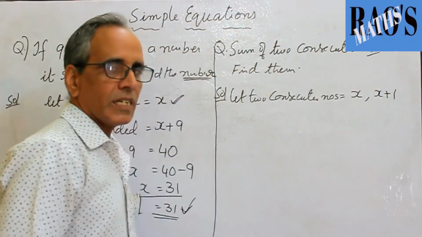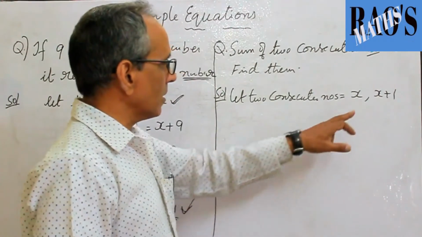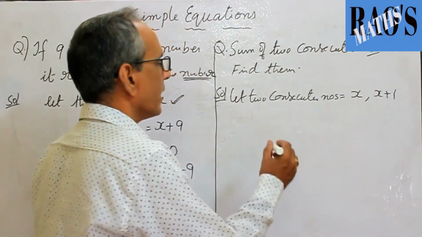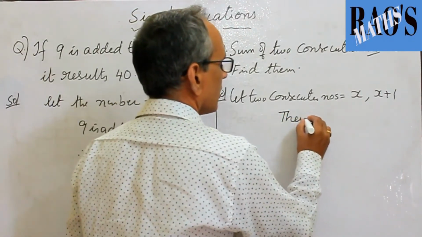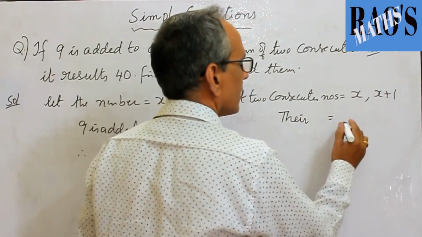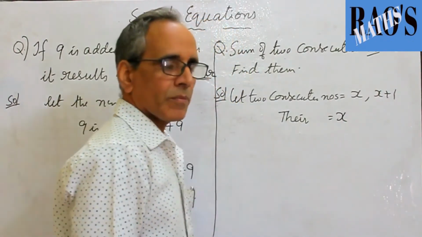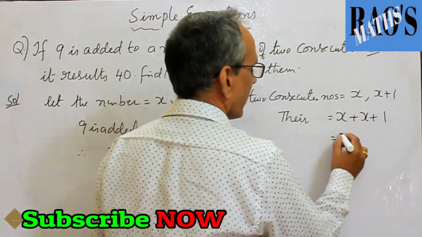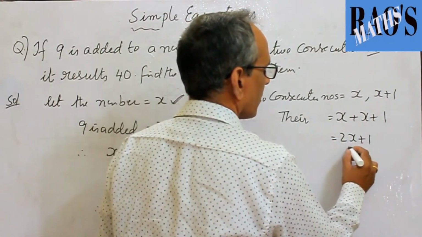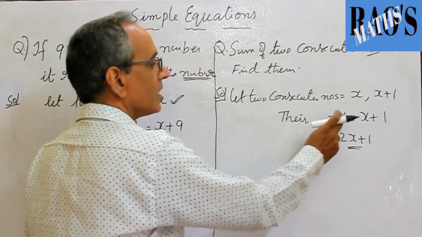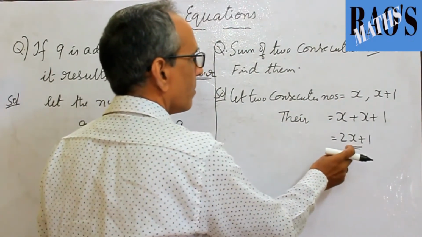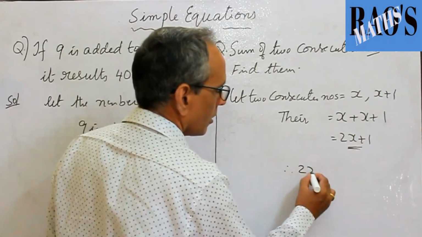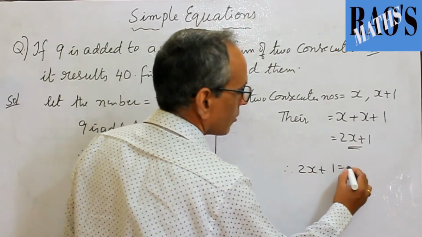But the question is about the sum, so I have to add up these two numbers. x is the first number and its consecutive is x plus 1. So I get 2x plus 1, which is the sum of two consecutive numbers in terms of x. But this sum is equal to 81 by the question. Now we get the equation finally. Therefore, 2x plus 1 is equal to 81.